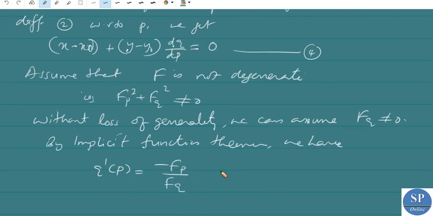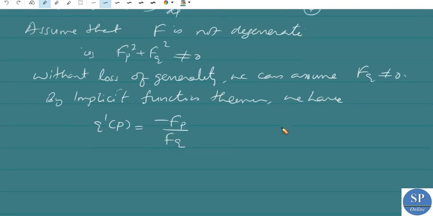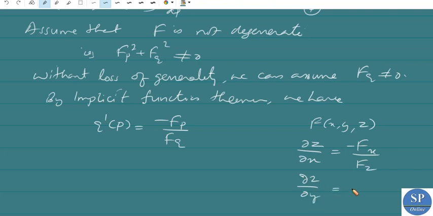We have the implicit function theorem: if f is a function of x, y and z, with z the dependent variable and x, y independent variables, then dou z by dou x is minus fx divided by fz. Also dou z by dou y is minus fy divided by fz. So this is the implicit function theorem.